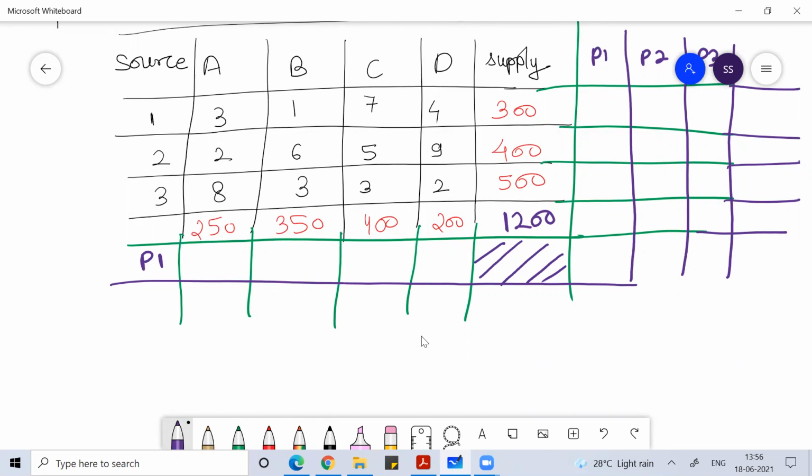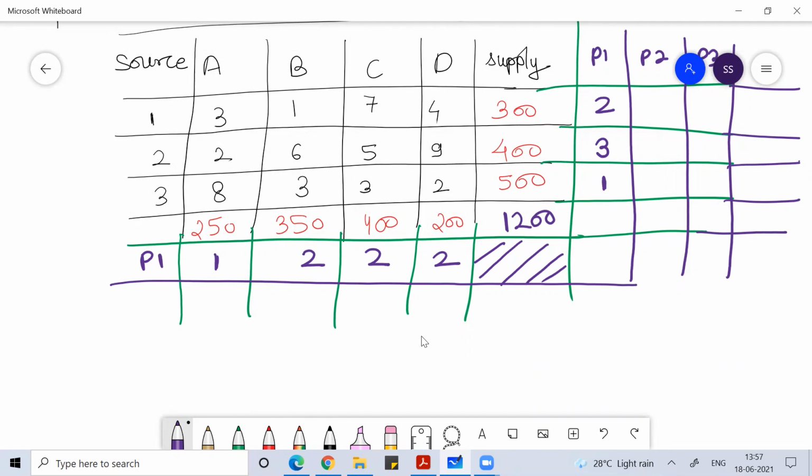So 3 minus 2, 1; 3 minus 1, 2; 5 minus 3, 2; 4 minus 2, 2. Now row wise, 3 minus 1, 2; 5 minus 2, 3; 3 minus 2, 1.